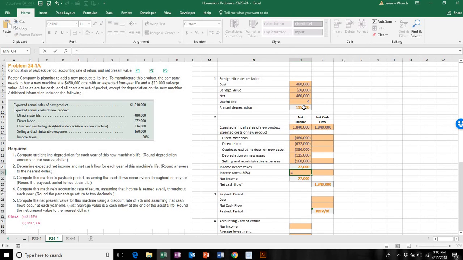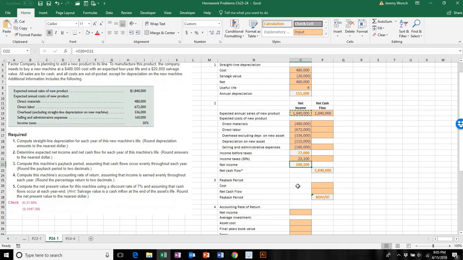We have our tax expense, which is 30% of our income before taxes. So that's $23,100. So we want that to be negative. So we have net income of $53,900.